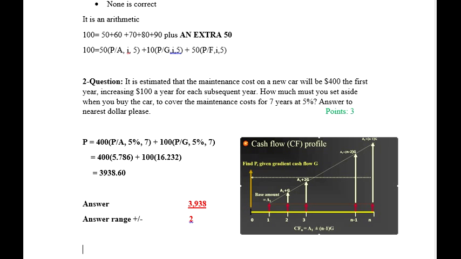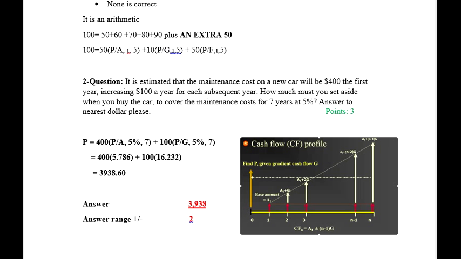This question is more similar to unit 4.3 and the example given in slide 10. You can see here you have an annual value of $400 for your new car maintenance, and there is a gradient value of 100 in each year.